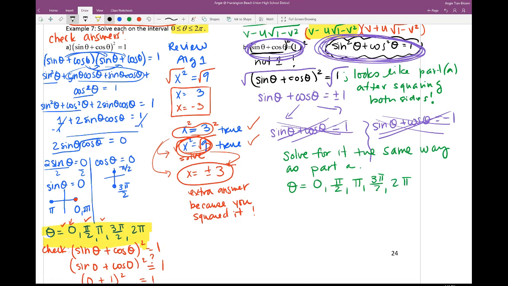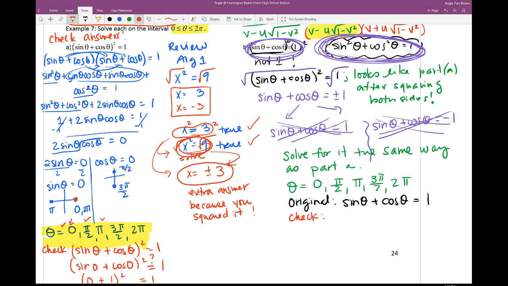But keep in mind your original equation: sine of theta plus cosine of theta equals 1. We square both sides so that we can manipulate the equation to solve, but that's not the original. When you check, you need to go back to the original.